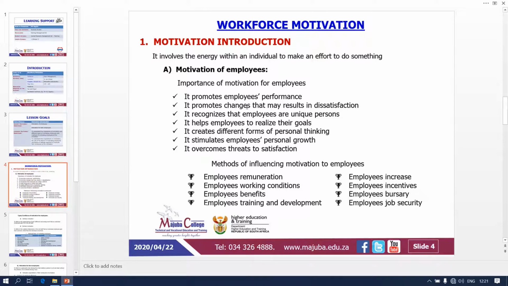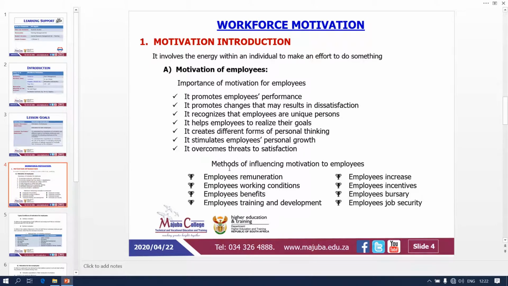It promotes changes that may result in dissatisfaction. It recognizes that employees are unique persons. It helps employees to realize their goals. It helps different forms of personal thinking. It stimulates employees' personal growth, and it overcomes threat to satisfaction. So these are the importance of motivating employees in the workplace.